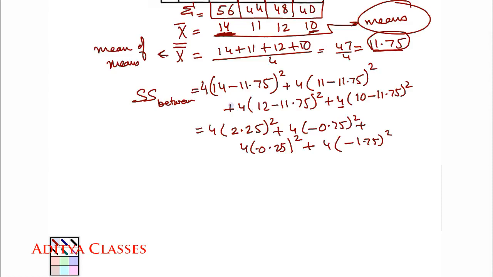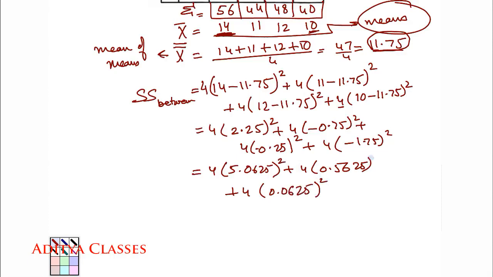So these are our values. If you go ahead and solve them further, you will get 4 multiplied by 5.0625 plus 4 multiplied by 0.5625 plus 4 multiplied by 0.0625. Rather, we have done squares already. These are squares only. Plus 4 multiplied by.